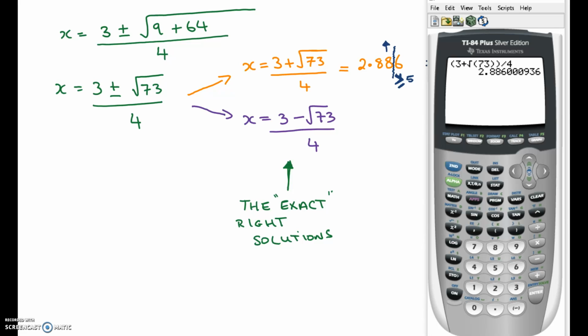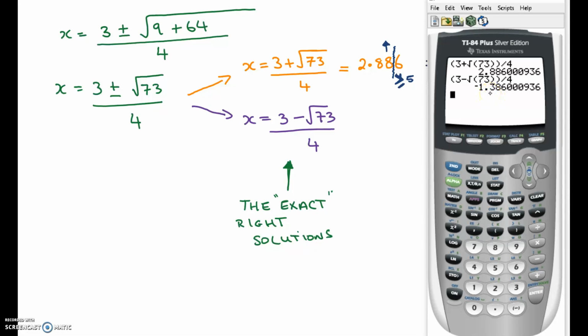Now we're going to do the second one, x equals 3 minus root 73 over 4, and it's going to be very similar. 3 minus, and remember this is all in parentheses, the square root of 73. Close those first parentheses, then close the larger parentheses, divided by 4. We get negative 1.386000. We want to write it correct to 2 decimal places, so that means we need the first 3 decimal places.